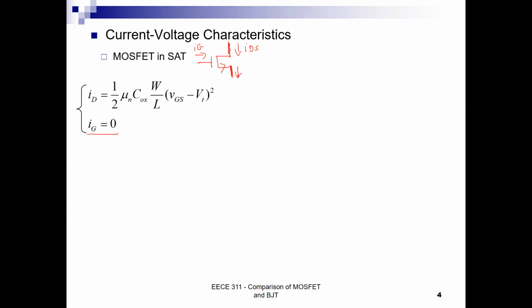You know this equation more by half K prime W by L ضرب VOV square where VOV is the VGS minus VT. Okay, so إذا عنا channel length modulation كنا نضربها للإيكويشن ب 1 plus VDS على VA where VA is a given early voltage.